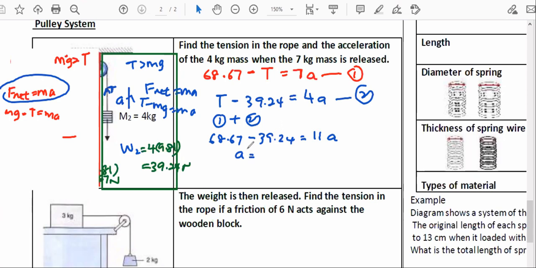Okay, good. Eunice, your acceleration is correct. Yeah, I think your tension is also correct because another student gave the same answer as you. Very good. Then next step, of course, you sub what?